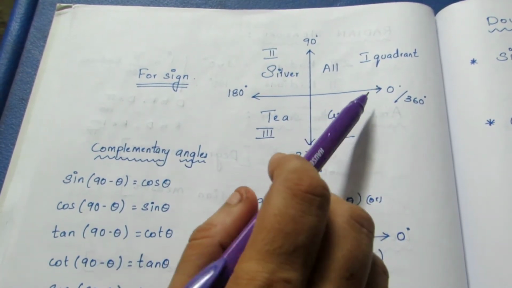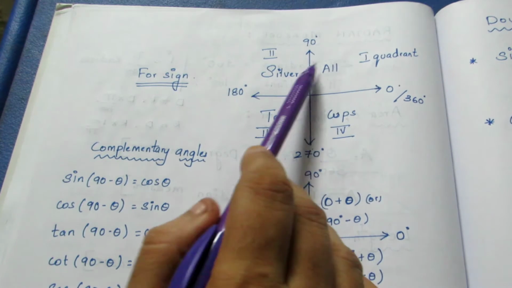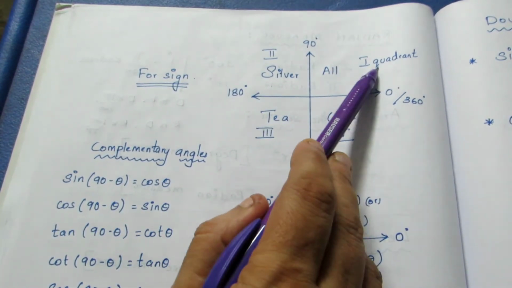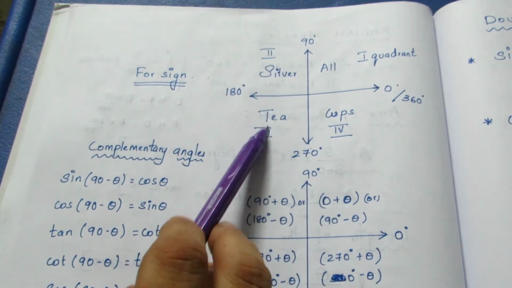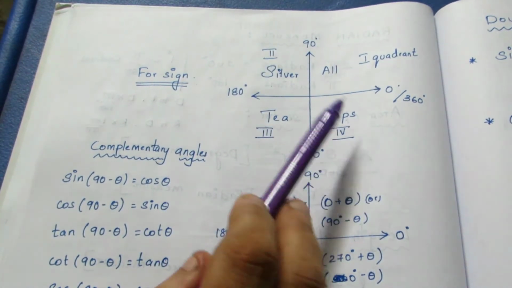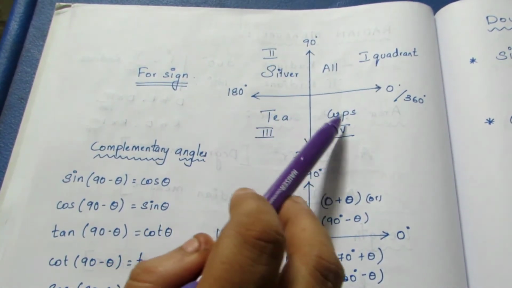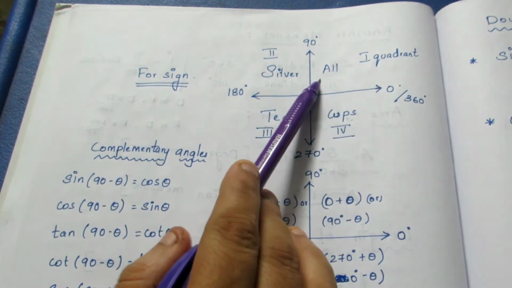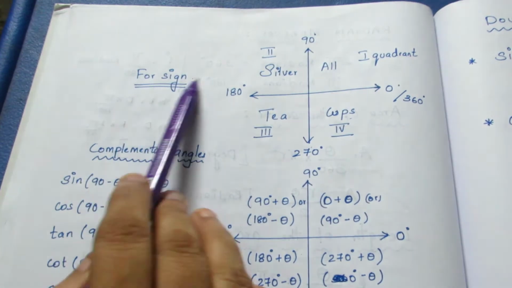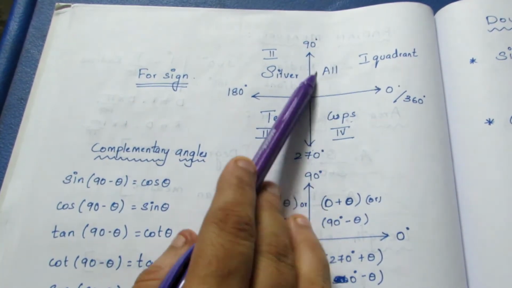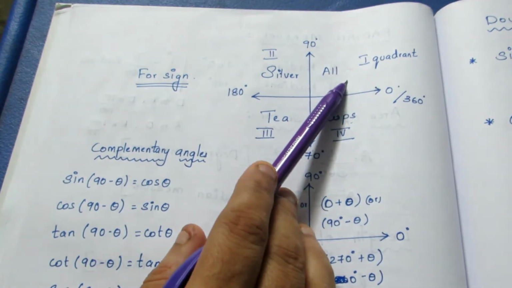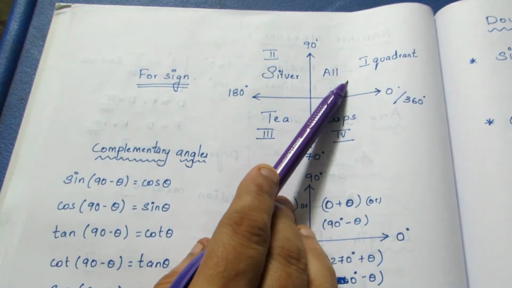Then let us remember this by All Silver Teacups. This is the first quadrant, this will be your second, your third quadrant and your fourth quadrant. Here, All Silver Teacups. Here, all means we need to write all ratios, and the sign will be positive.